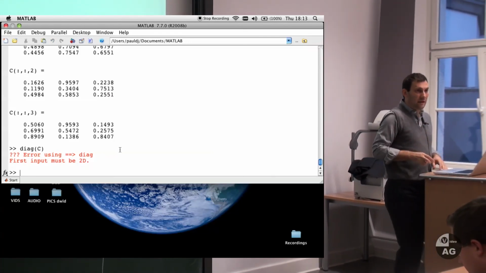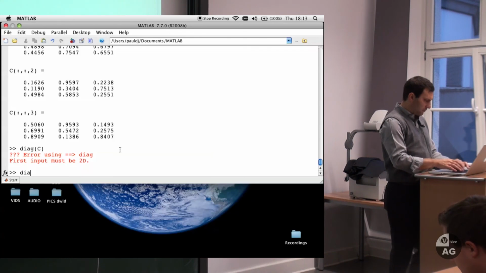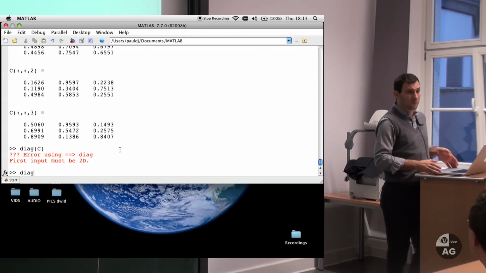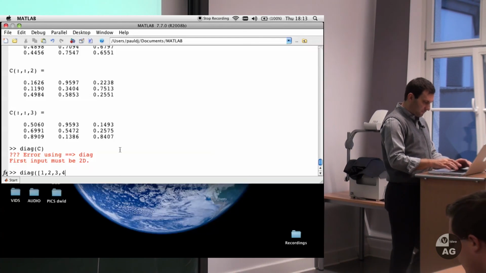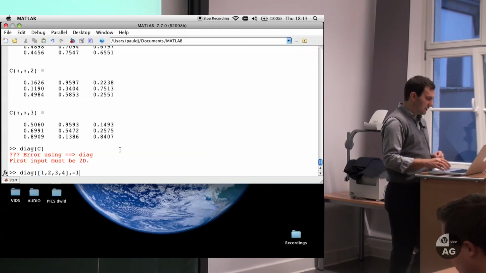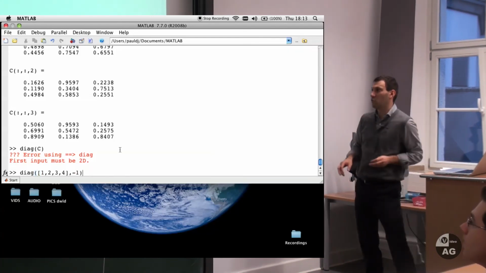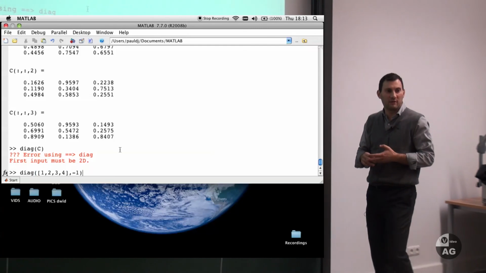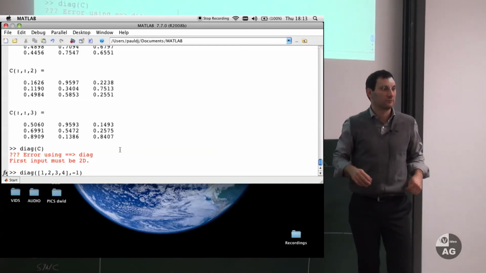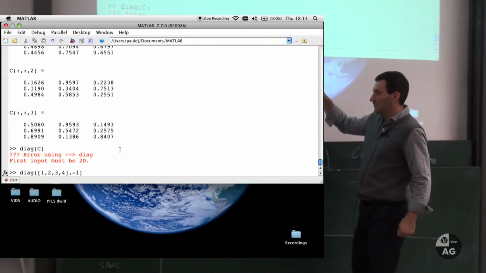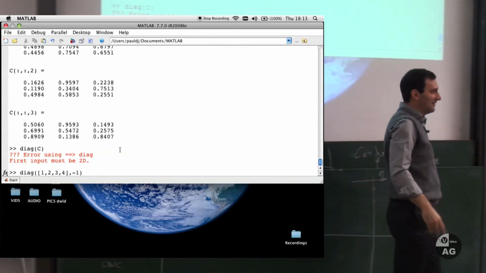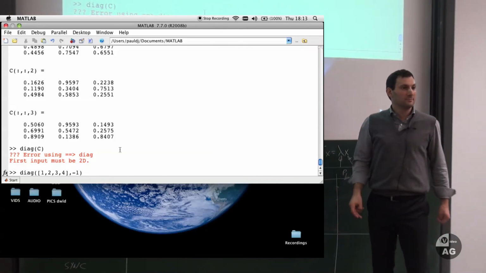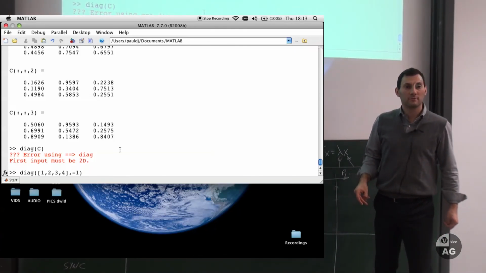Okay, with the diag it's not over, and I want to show you this because it's actually very useful in practice. Let's say that we have 1, 2, 3, 4, and now we pass a second argument, -1. What do you think this does? Minus 1 where the zeros previously were?